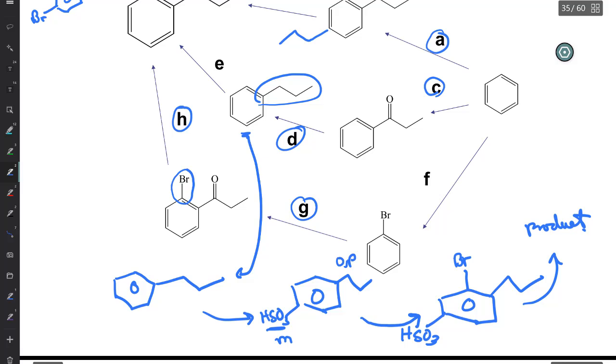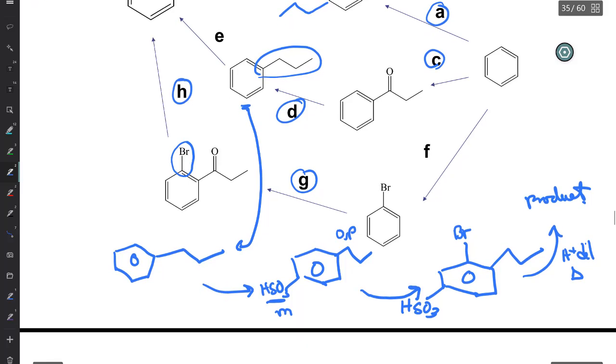Okay, and remember, to do the sulfonation, that was concentrated sulfuric acid heated, and the desulfonation is just using H plus dilute and heating it, and that'll remove that sulfonate group in the para position.